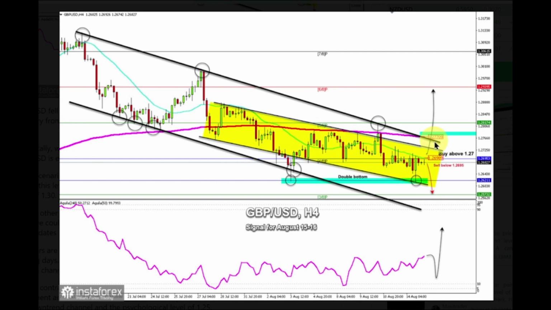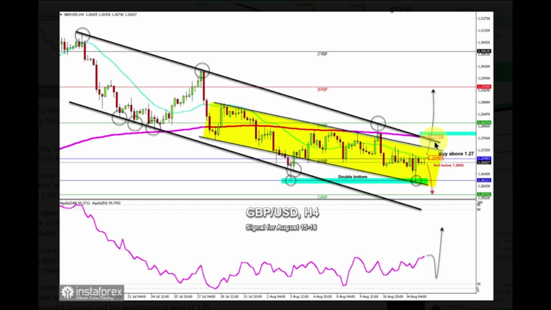Investors are waiting for the data on the UK labour market and inflation data to be released in the coming days. This data could generate a strong momentum in the GBPUSD pair, and a break of the bearish channel is expected for a probable recovery.